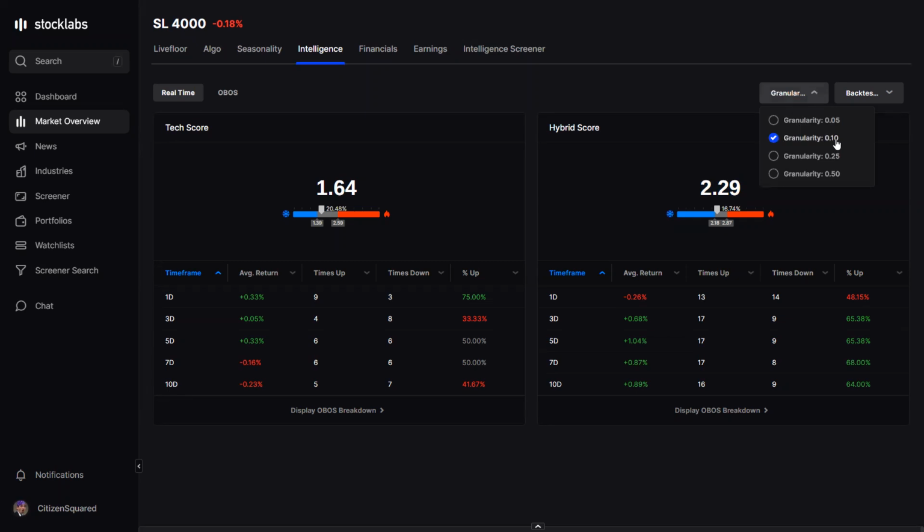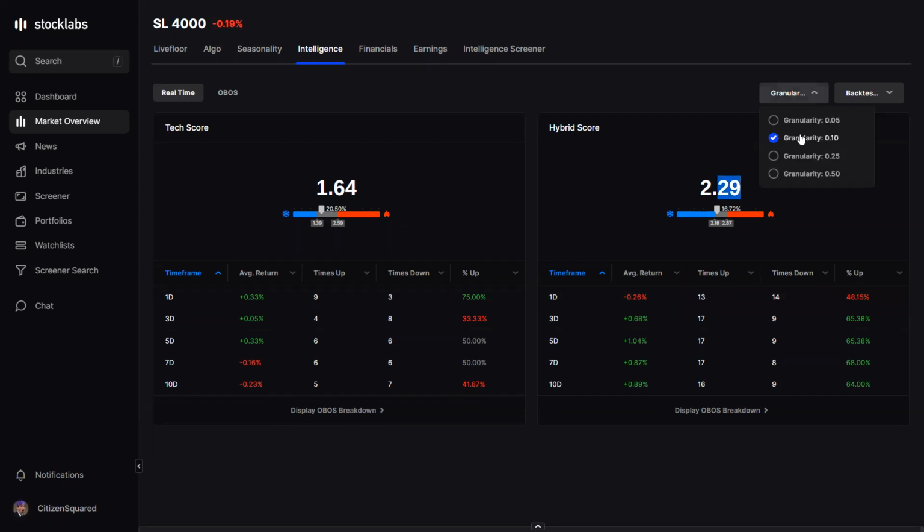If I'm on granularity 1/10, that means I'm looking at any market score that was 2.19 to 2.39, so plus or minus the granularity. Any score in that range, I will consider for this table of backtest data. So we have 27 data points where the market had a score of 2.19 to 2.39.